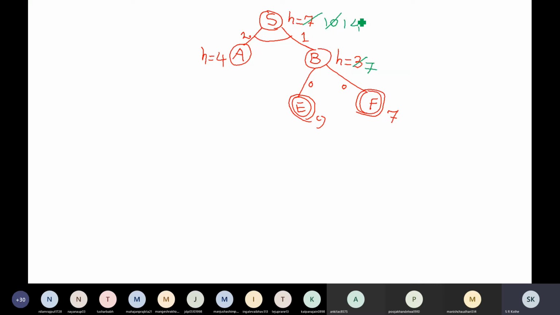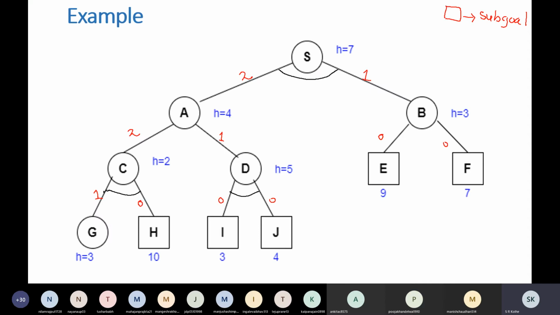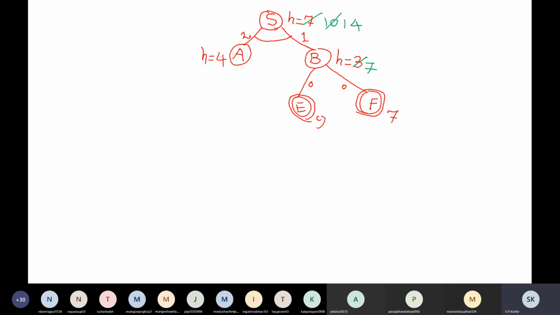Now explore A. Since this is AND, you have to explore B as well as A. After exploring A, it will generate C and D, both intermediate nodes with cost 2 and 5.